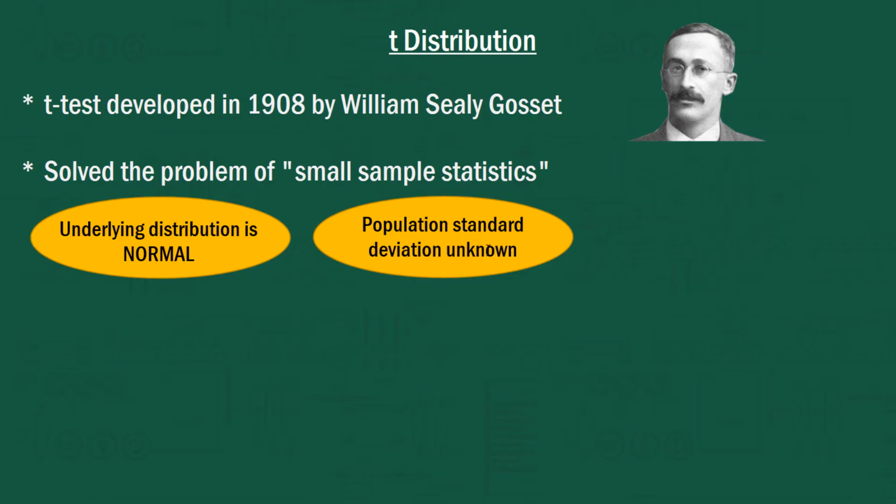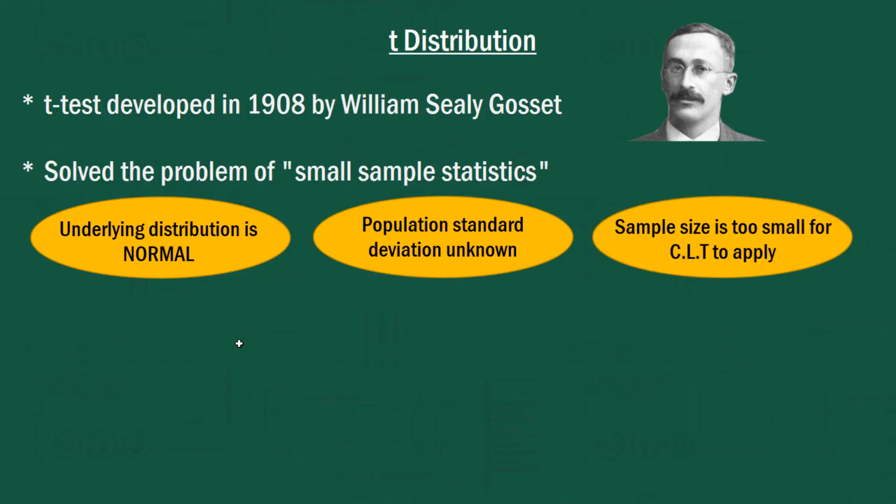And we'll have a look at that in a bit more depth in our second section of this video. But it's these three scenarios occurring that necessitated a solution: a normal distribution underlying, with an unknown population standard deviation, and if your sample size is too small for the central limit theorem to apply.